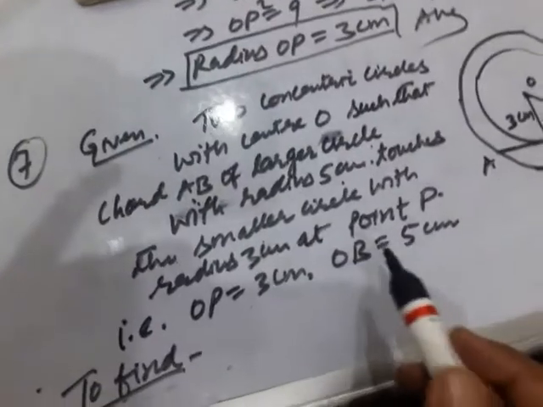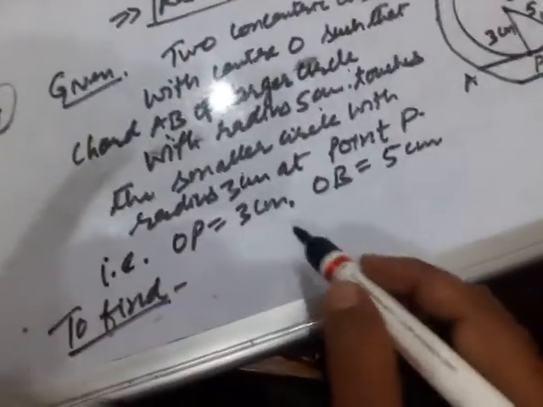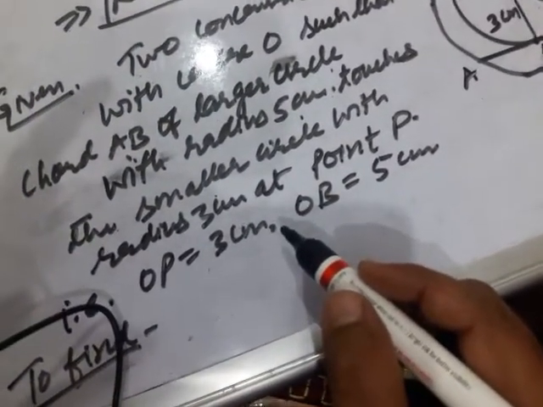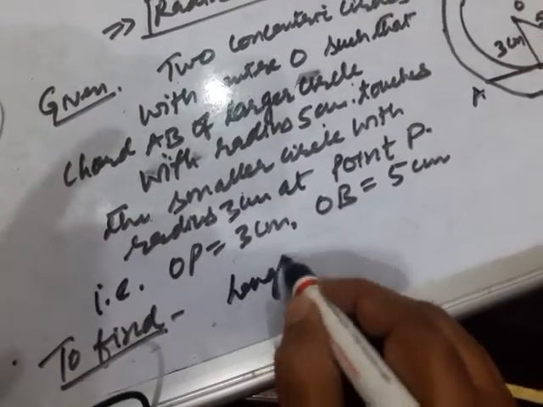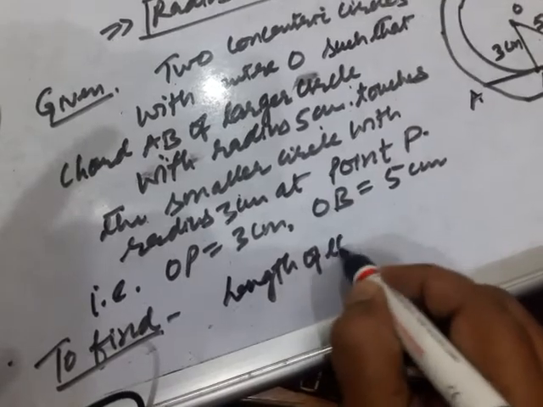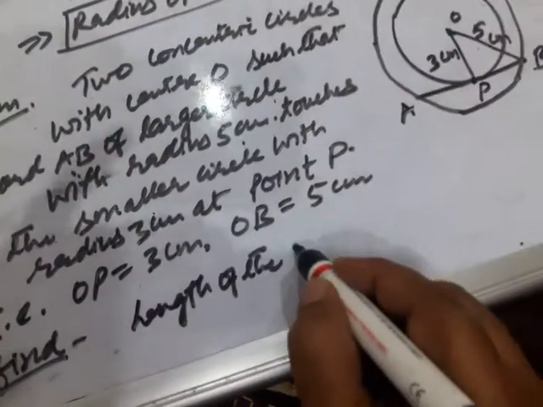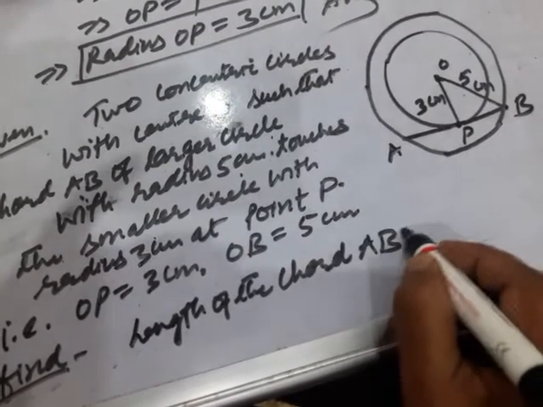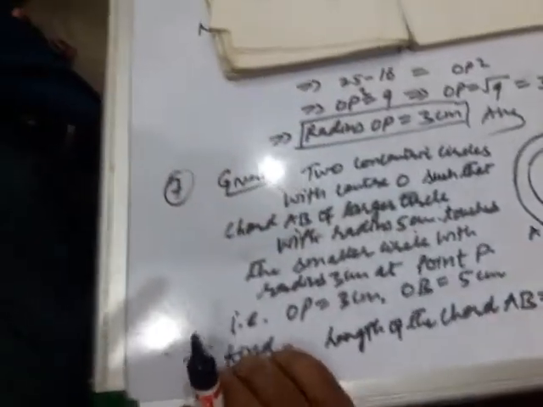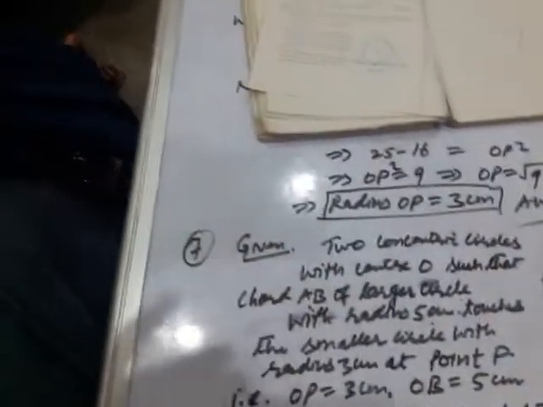We have to find out the length of the chord, that is, the length of chord AB. Okay children, let us move to the next part of the board.